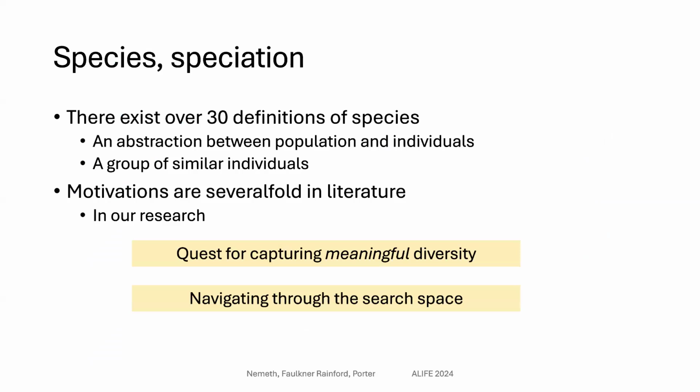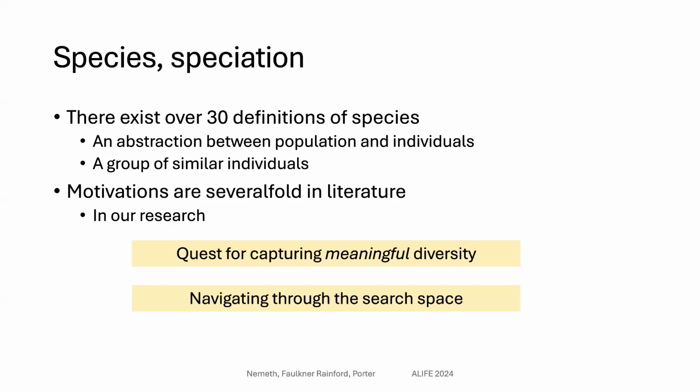How can we go on? First, I will not tell you any definition for species because there exist over 30 definitions from biology to philosophy, anything. In the most general sense, species are a group of individuals. This abstraction is above the level of individual and below the level of population, and they are similar to each other somehow.